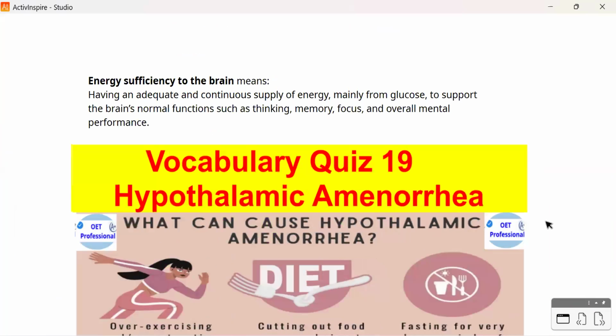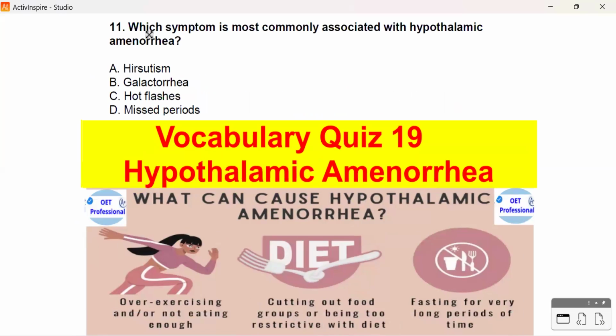What is energy sufficiency to the brain? It means having an adequate and continuous supply of energy, mainly from glucose, to support the brain's normal functions, such as thinking, memory, focus, and overall mental performance. Which symptom is most commonly associated with hypothalamic amenorrhea?